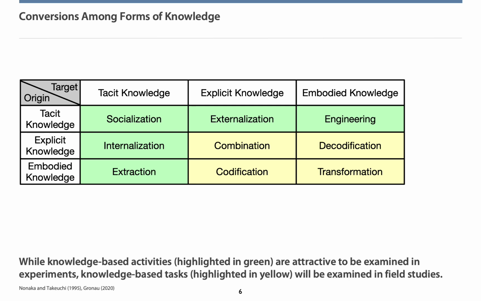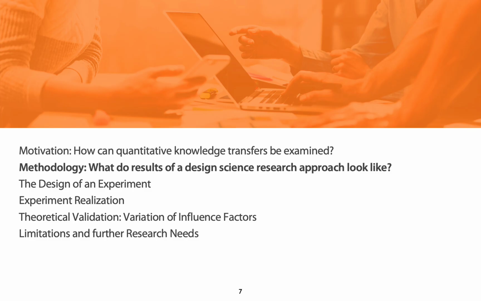These are based on the 3 different kinds of knowledge forms being a source and the same 3 different kinds of knowledge forms being a target. Hence, the experiment needs to guarantee their individual observation. You see, we have to consider certain requirements for the construction of an appropriate experiment setting.